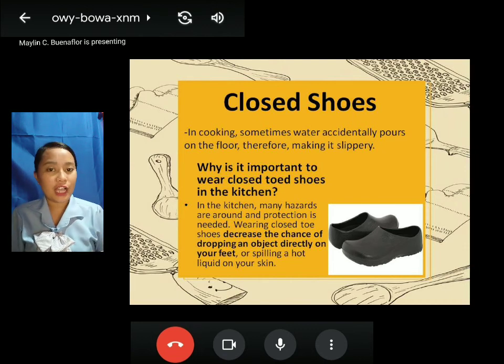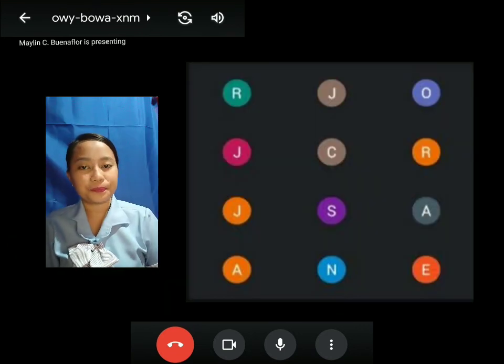The main reason for this one is to keep our feet safe from accidents, like being accidentally pierced by broken glass and others. So it is very important to wear all of those mentioned personal protective equipment. Aside from it being required, it also helps us to keep safe and stay away from accidents.